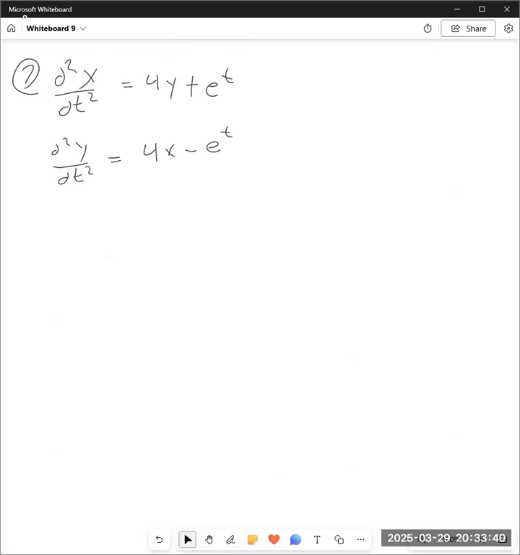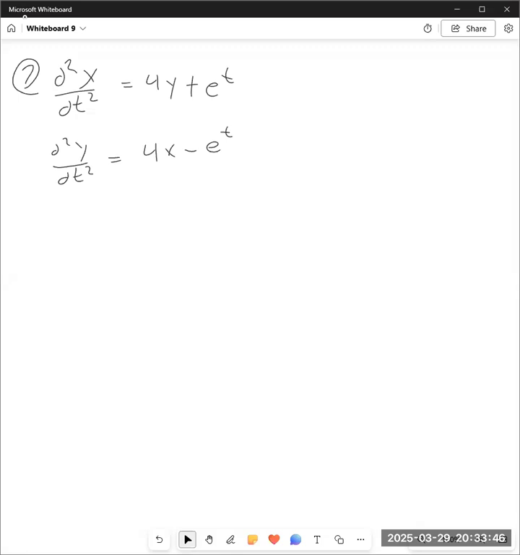Number 7 starts off as d²x/dt² equal to 4y plus e^t, and d²y/dt² is equal to 4x minus e^t.